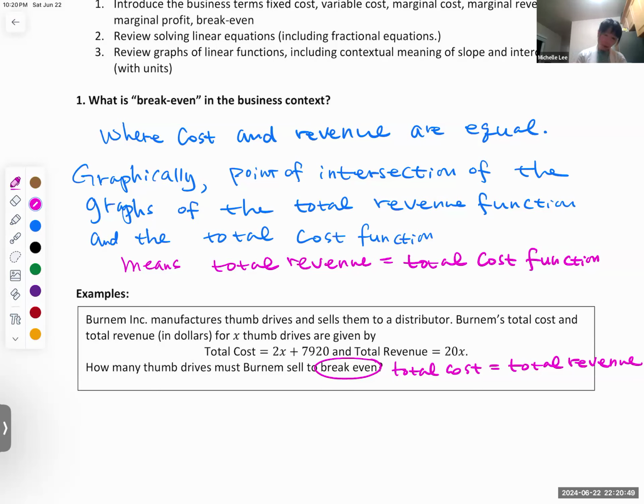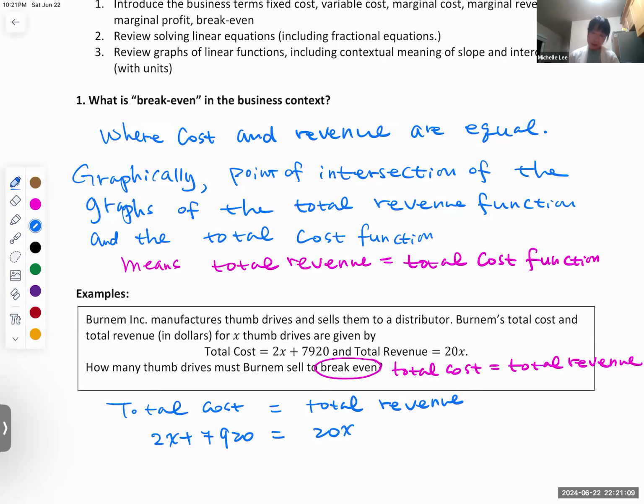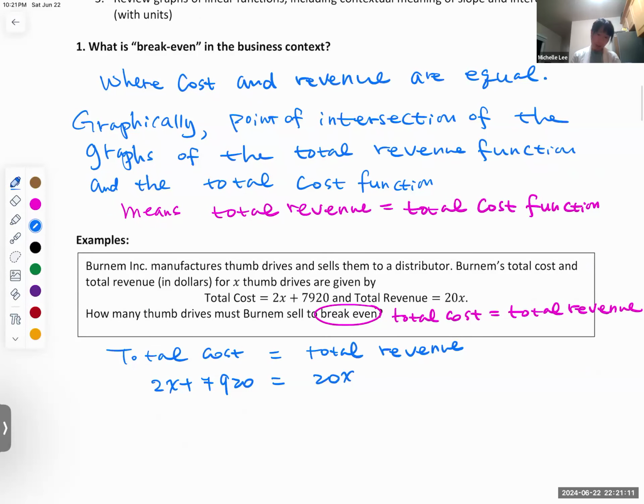So we have a total cost equal to, so total cost in that case is 2x plus 7,920, right? And total revenue, which is 20x. Now we need to solve for x, right? So that's the thumb drives. So solve for x.